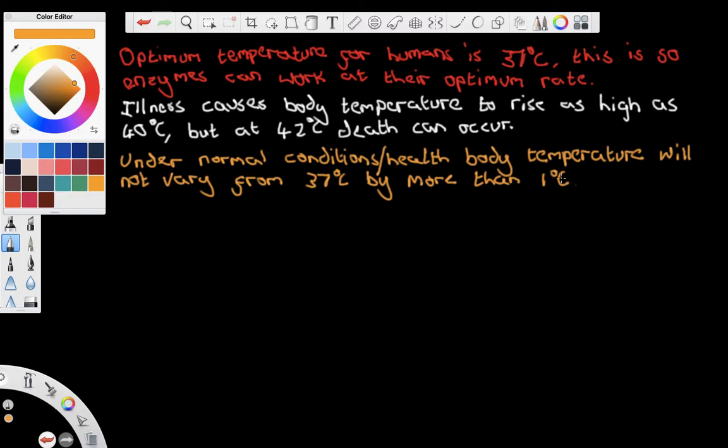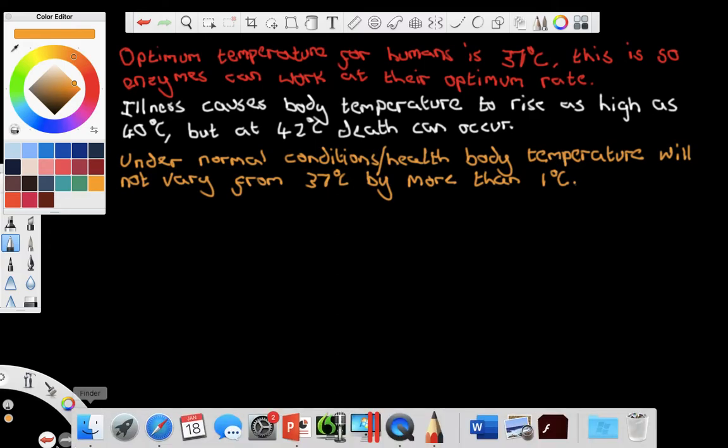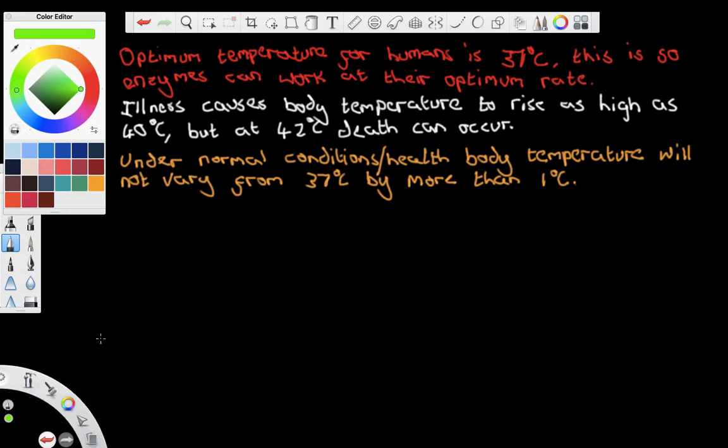Now, your body regulates your internal temperature using something known as the hypothalamus. Okay? So the hypothalamus is our first keyword today. Hypothalamus.